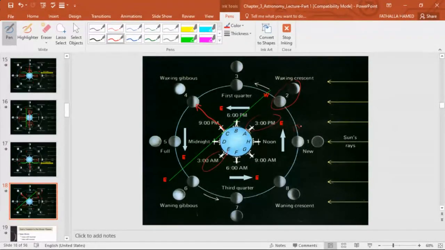Sometimes, if you do that, you will find out that the setting times may happen before sunset. So when the moon sets and the sun basically sets, you don't have background, so you're not going to see it. So we always say you need the waxing crescent to set after sunset.